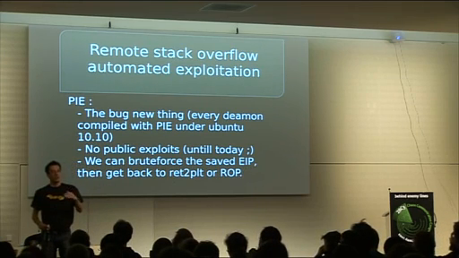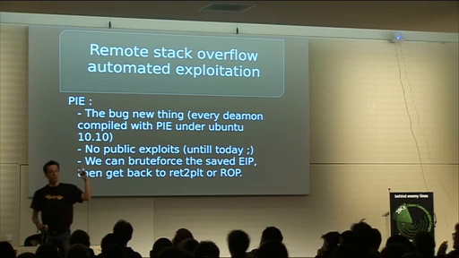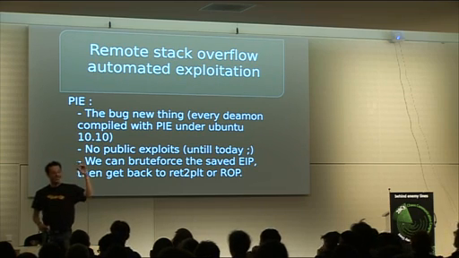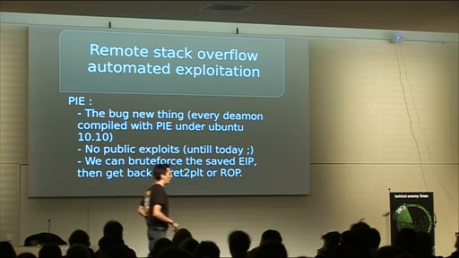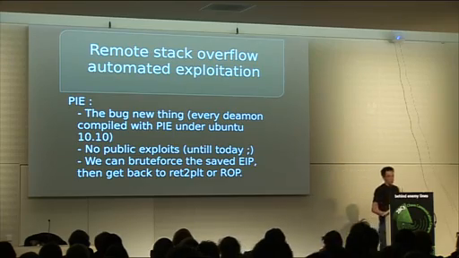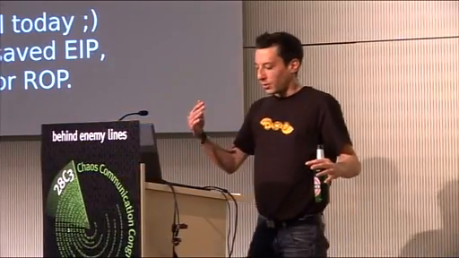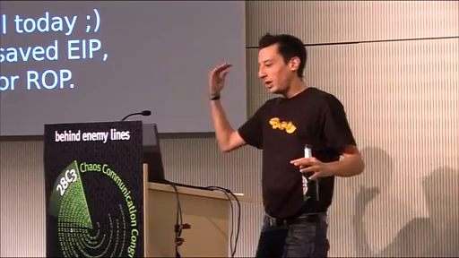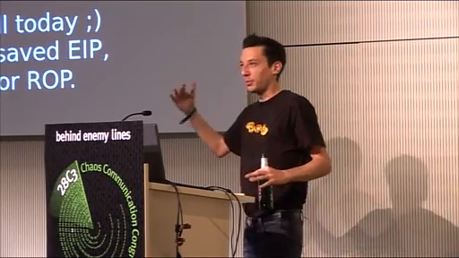And if I find this return address, I get the base address of the main binary, and if I get the base address of the main binary, I have the PLT of the main binary, the whole executable, and I'm back to what we know how to do: brute force, return to PLT or ROP.